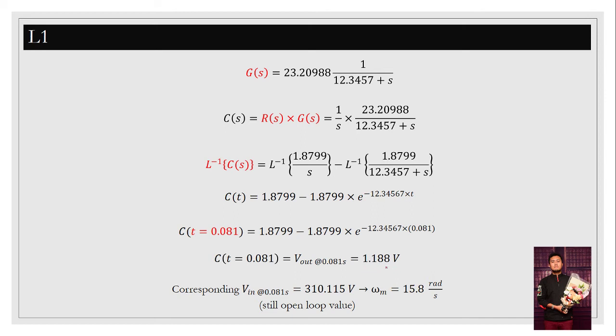It's the same as from the graph, and we plug it into the formula Kt just now, so we get voltage input 3010.115 at 1.188 volt, and the corresponding angular velocity is 15.8 radian per second.